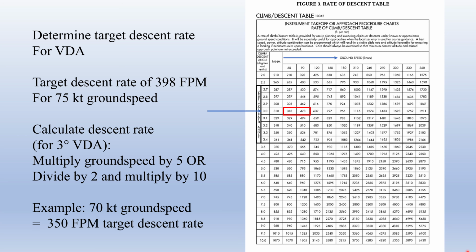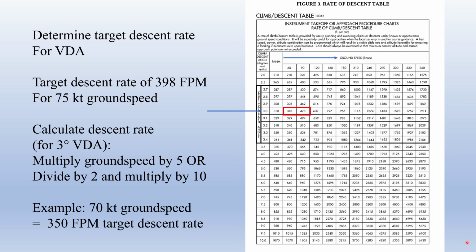So let's, for example, look at a 70 knot ground speed. That's a good mental math example. 70 divided by 2 is going to be 35, and then multiply 35 by 10. That gets you 350 feet per minute as a target descent rate when you're doing 70 knots on a 3-degree visual descent angle.